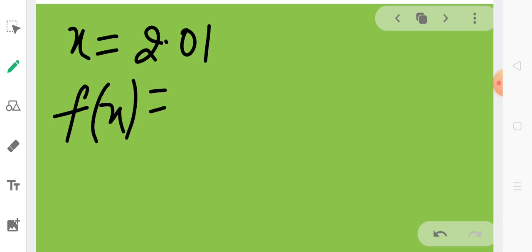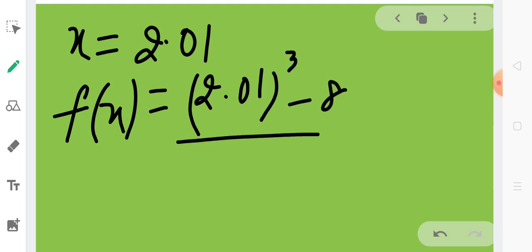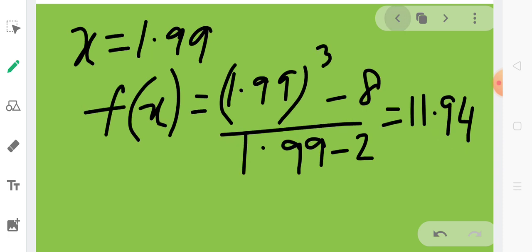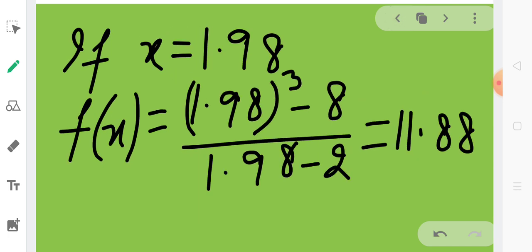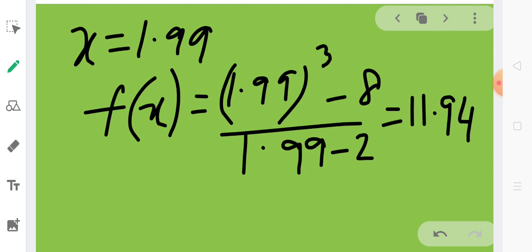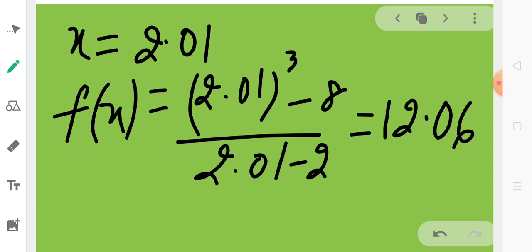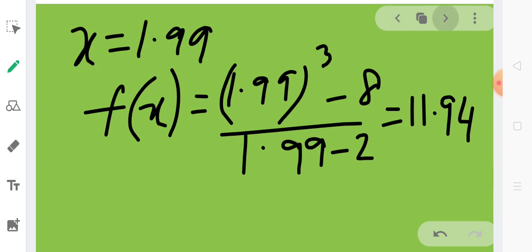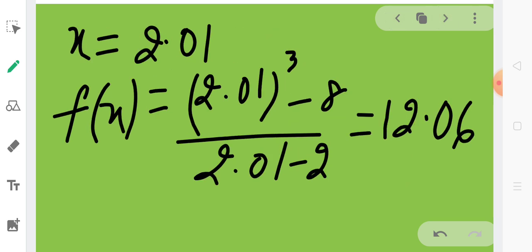Let us see what value the function assumes. So it will become equal to 12.06. So going by these three examples, when x is slightly less than 2 and when it was slightly more than 2, you find that the value of the function remains very close to 12.